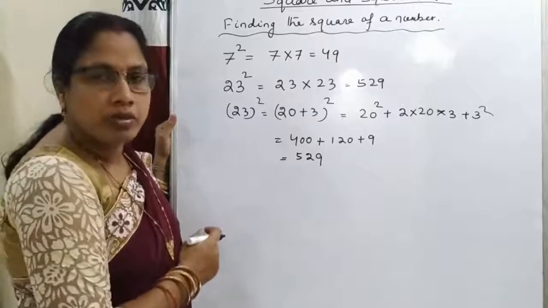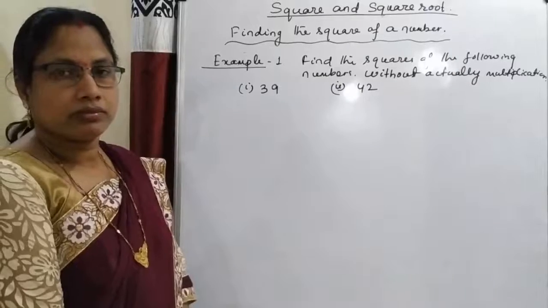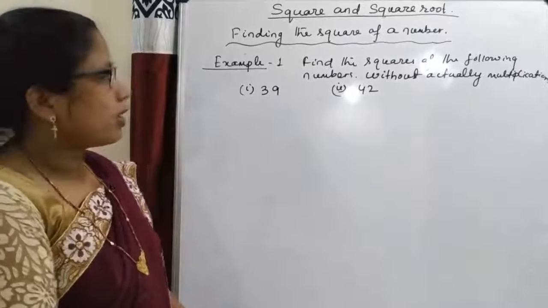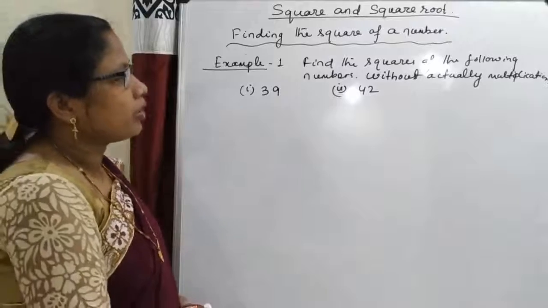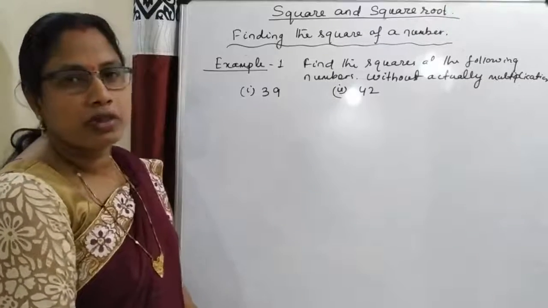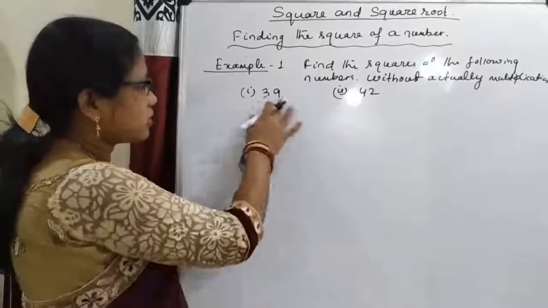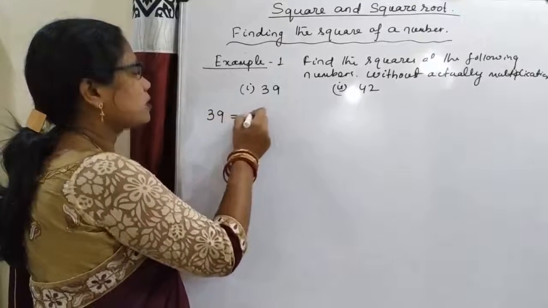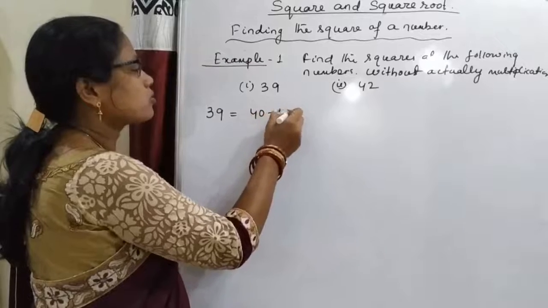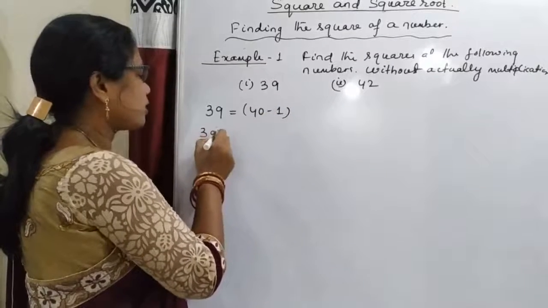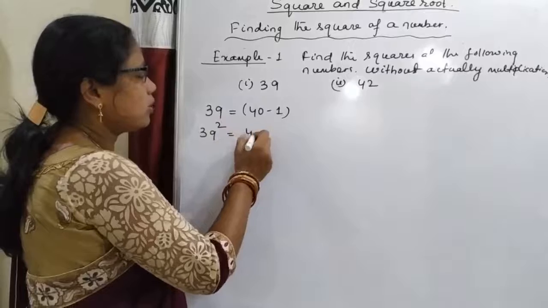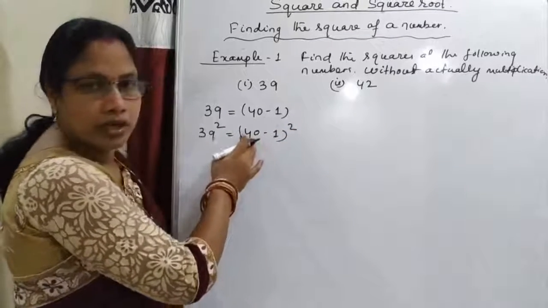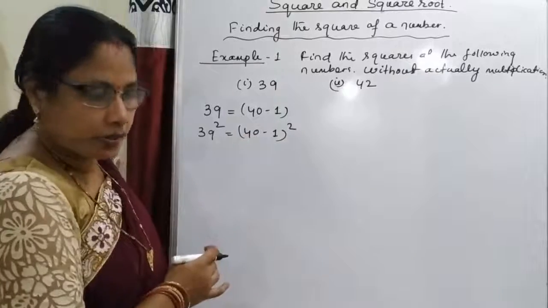So let us solve some examples. Example 1. Find the squares of the following numbers without actually multiplying. First, 39. We can write 39 as 40 minus 1. So 39 square is equal to 40 minus 1 whole square. Here we will use the identity a minus b whole square.